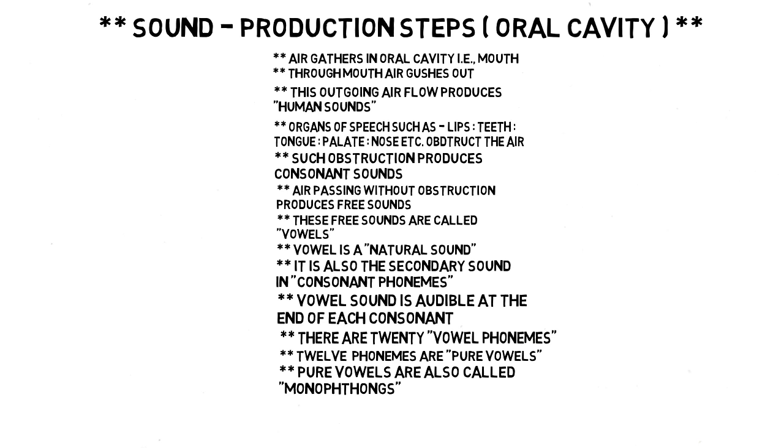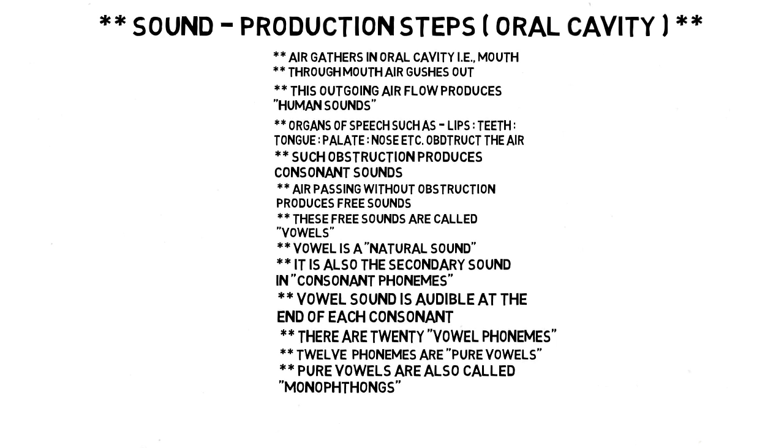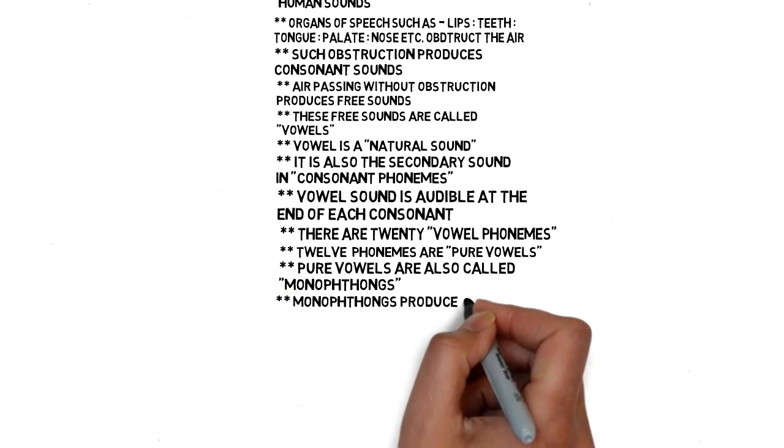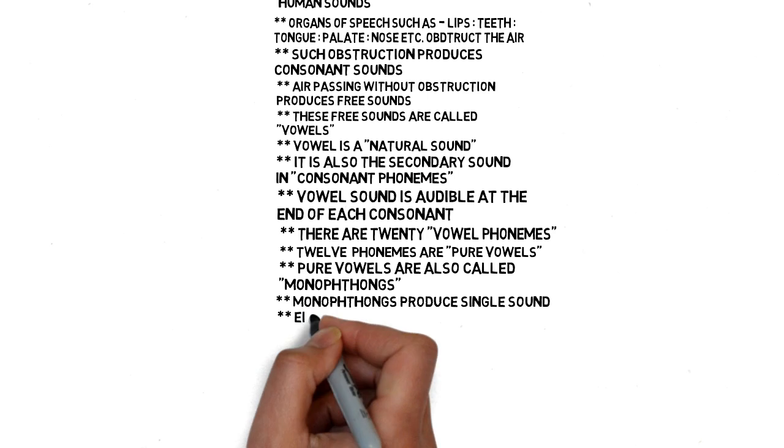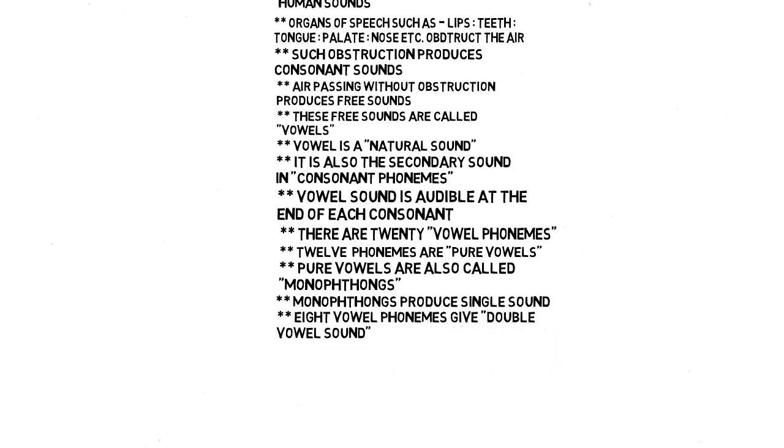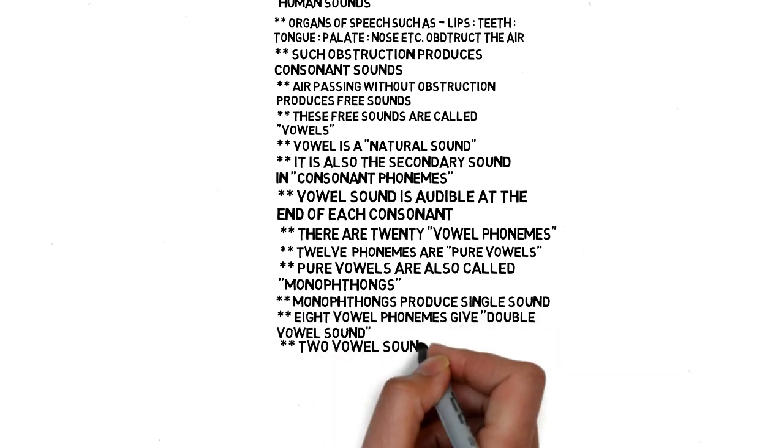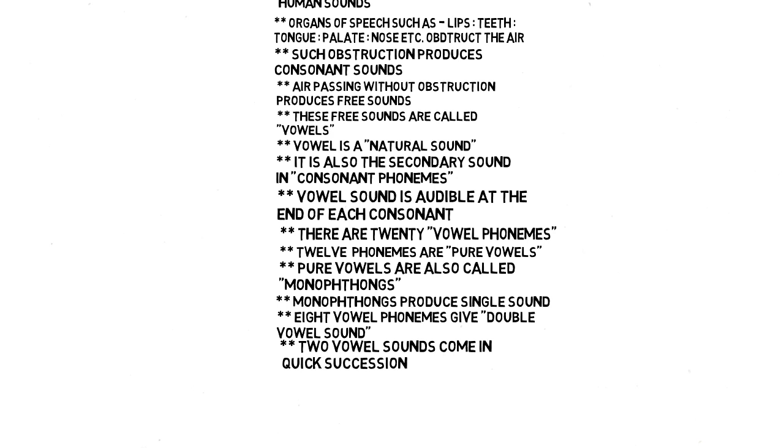The main organs of speech that help in producing consonant sounds by obstructing the air passage are: number 1, lips; 2, teeth; 3, tongue; 4, palate; and 5, nose, that is the nasal passage.